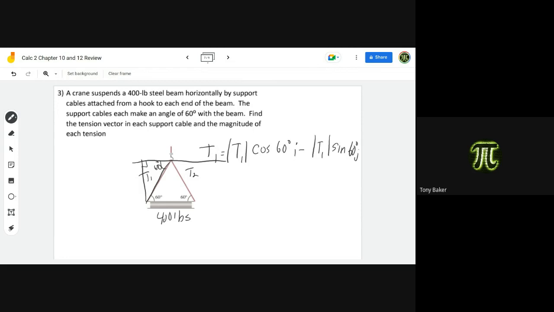Sine 60 J, right? Yes. Oh, actually, it's going to be minus that side too, that direction. Then T2 cosine 60 I, and then minus T2 sine 60 J.